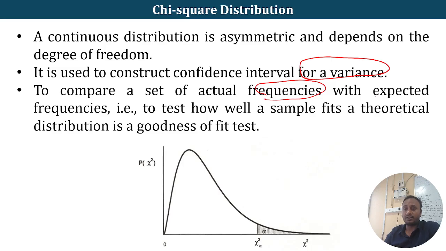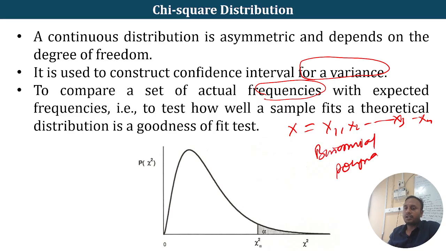Let's say we have one data sample x1, x2, x3 up to xn. We have to fit it to a particular distribution, like a binomial distribution, maybe a polynomial distribution.